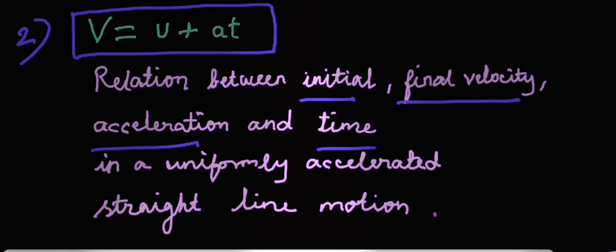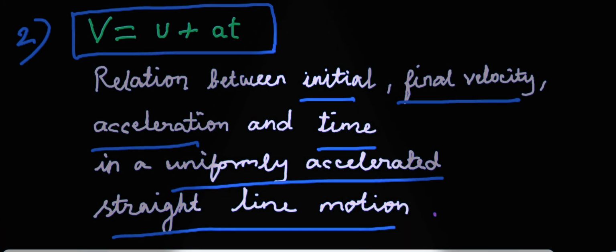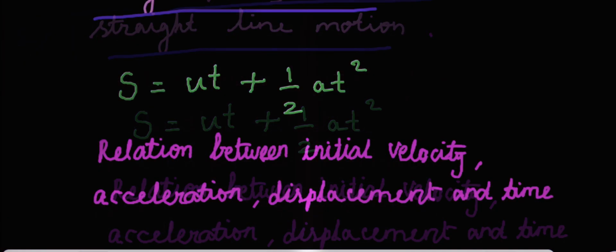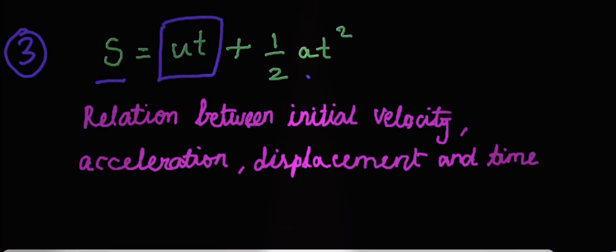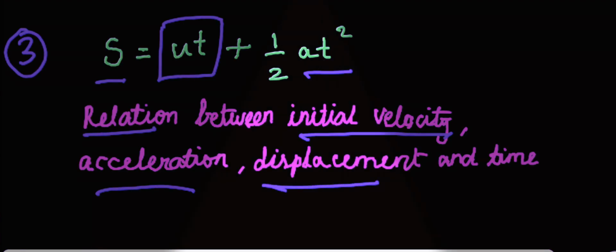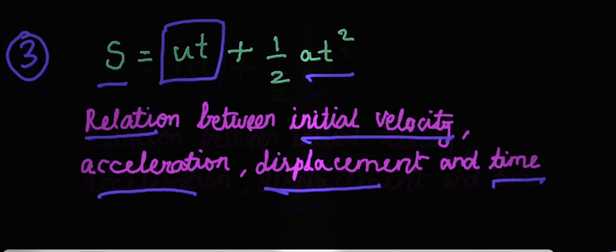This is the relation between initial and final velocity, acceleration and time in a uniformly accelerated straight line motion. The third is s is equal to ut plus 1 by 2 at square. This is the relation between initial velocity, acceleration, displacement and time.